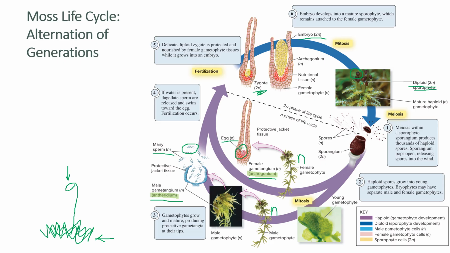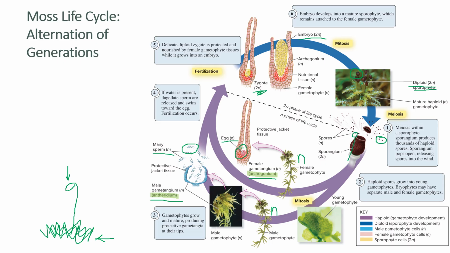And that sporophyte is going to produce these little spores. All right, so then we start over. These little spores are going to be released from the sporangium, and those little tiny spores are going to fall on some damp soil, and they are going to grow into this little spore right here.